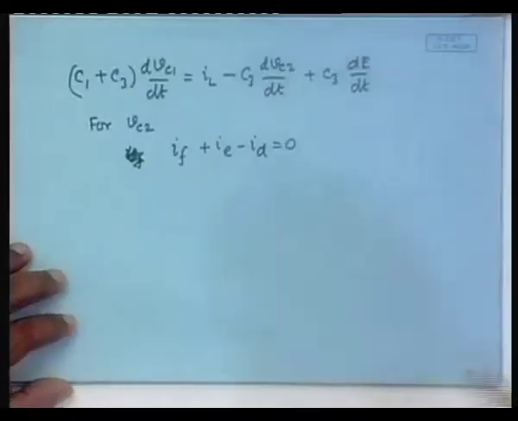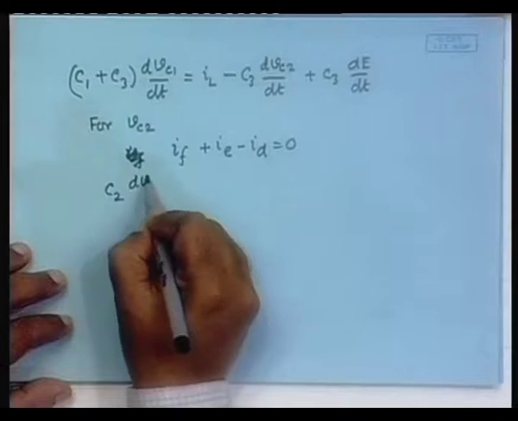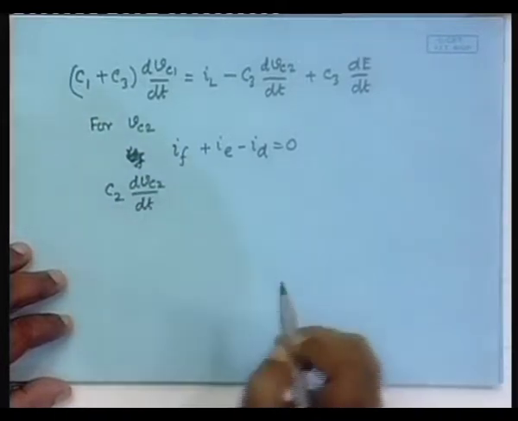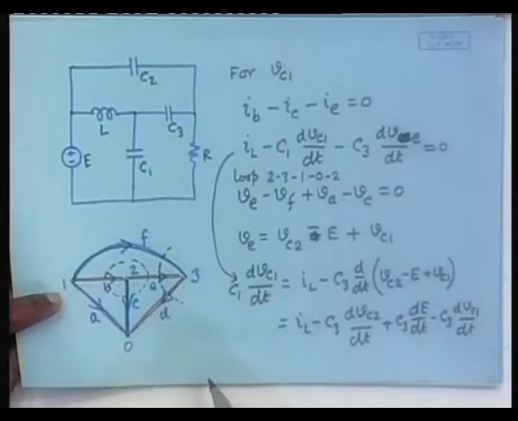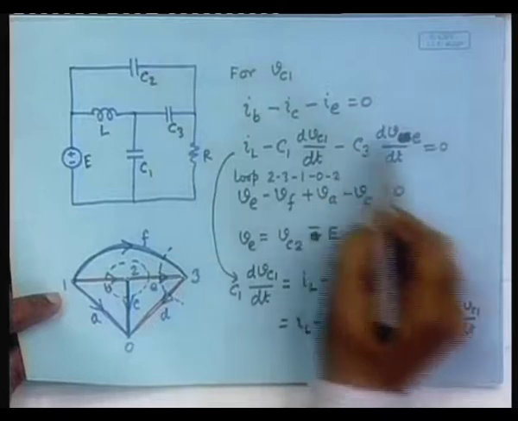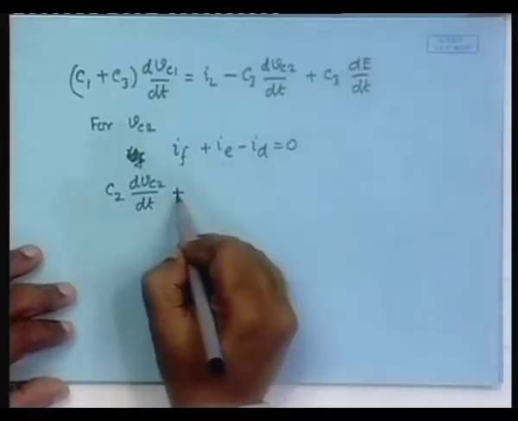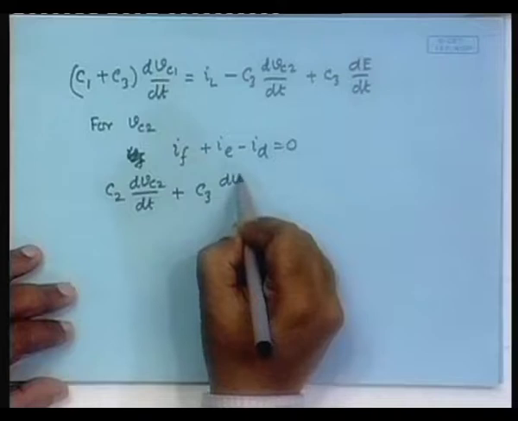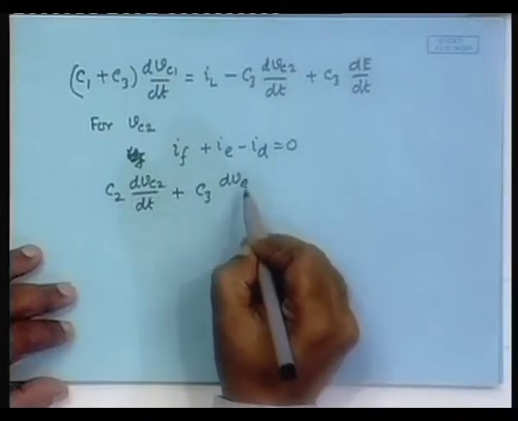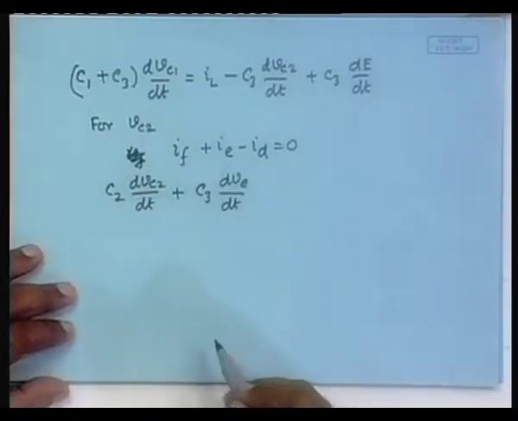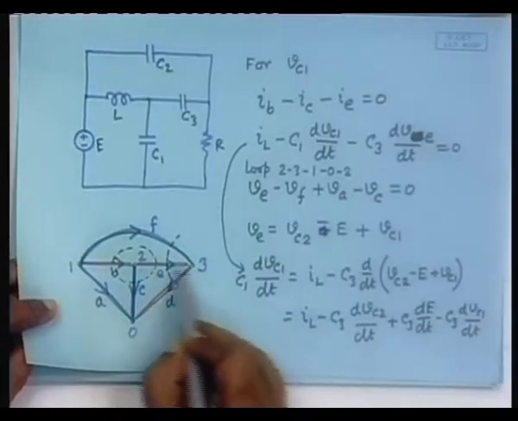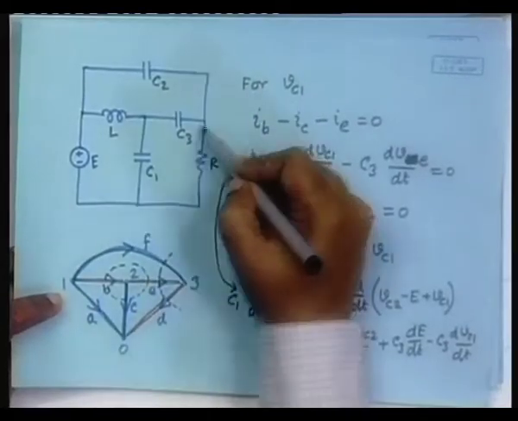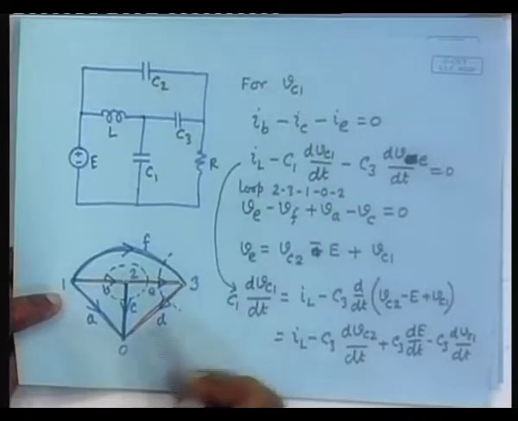The thing that I wanted, C2 dVC2/dt. IE is what? This term plus C3 d(VE)/dt. We will not write it as VC3 because it is not a state variable, VE, and ID is this one, it is VD by R.